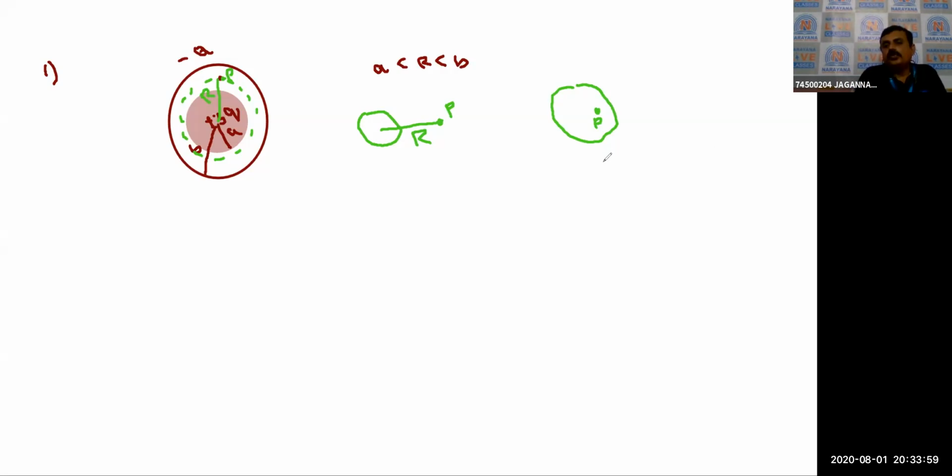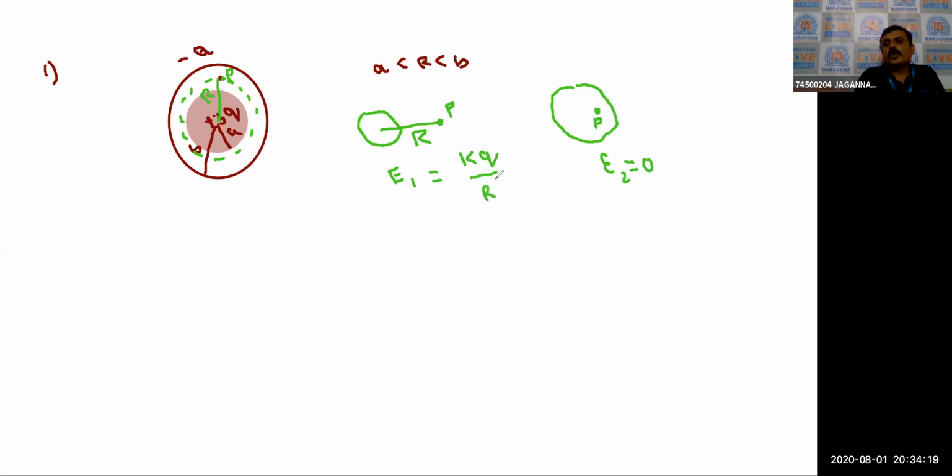So electric field due to the hollow sphere, how much here? 0 only, because it is inside. Electric field due to the solid sphere, how much here? It is outside, so it becomes kq by r square.